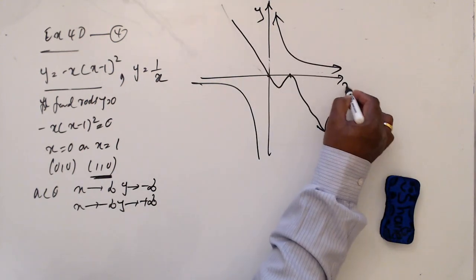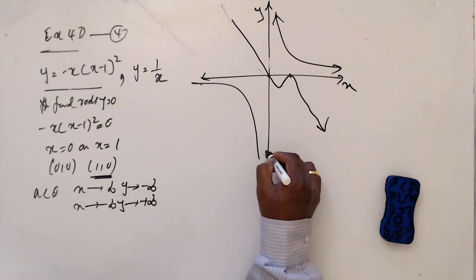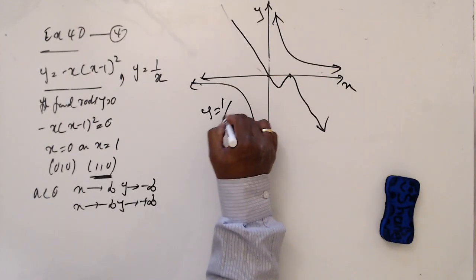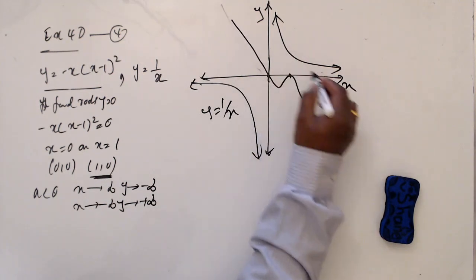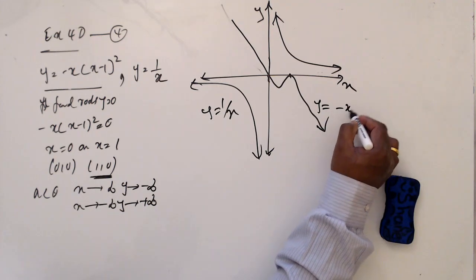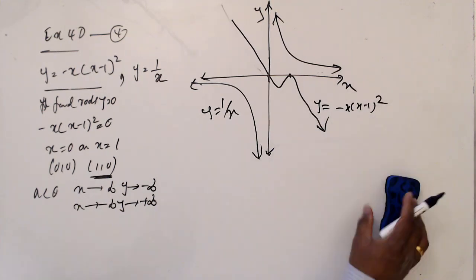This is y, this is x, and this is y equals 1 over x, and this is y equals minus x times (x minus 1) squared.